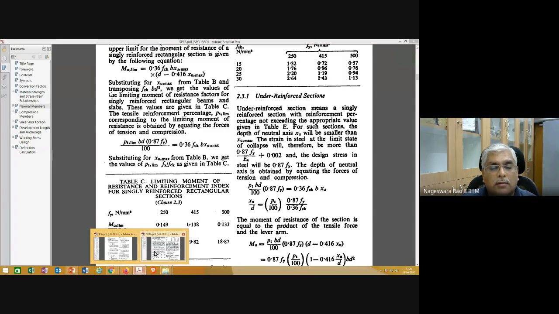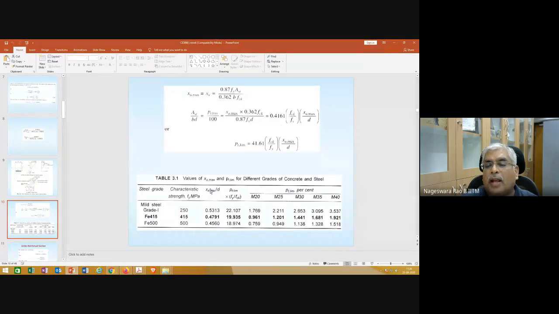Just now we noted xu max divided by d: for Fe 250 it is 0.5313. You take a note of these values for different types of steel, xu max divided by d, for Fe 415 and Fe 500.